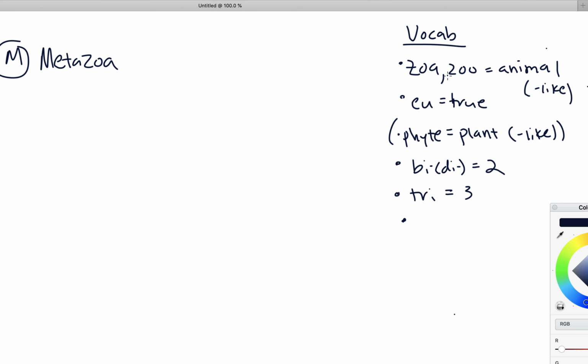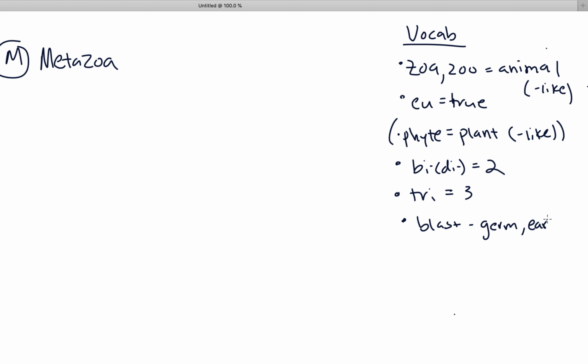Blast means germ. Germ means early development. It's not specialized or differentiated yet. Not specialized.